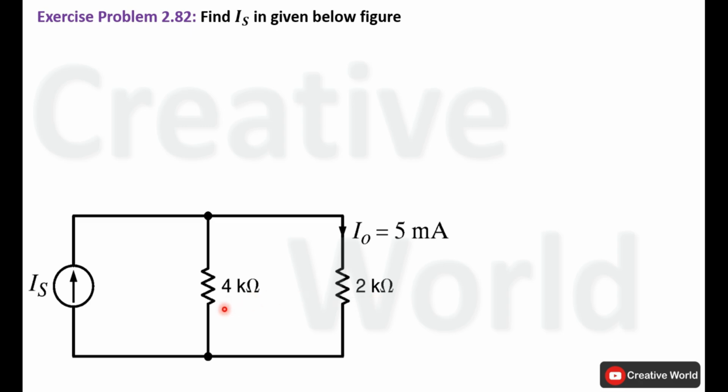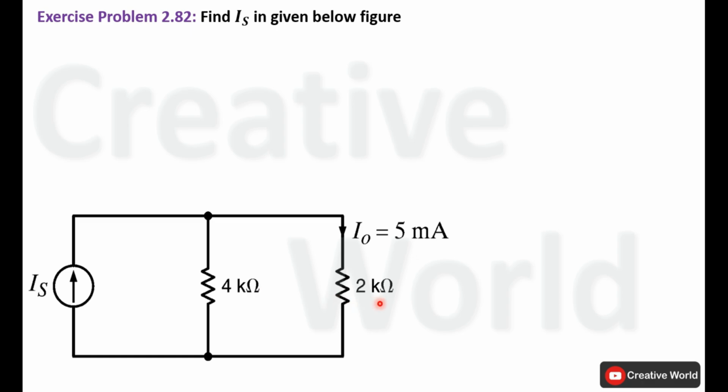And once we have the value of voltage across this 4 kilo ohm resistance, we will be able to calculate the current through this resistance as well. After calculating the current of this resistance, we will be able to calculate the total supplied current because it is the sum of both currents through these resistances.